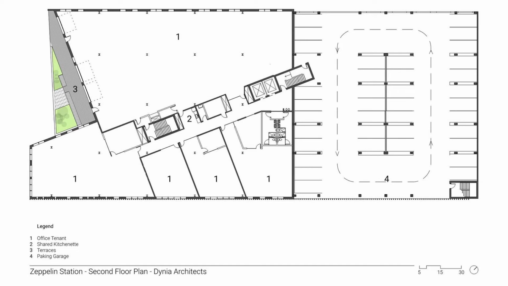The second level has large tenant spaces for an office. So number one, you can see that. There's a shared kitchenette. So there's offices for different tenants, kitchen, parking on the right. And notice how the facade at the bottom here, all of those vertical louvers, they're continuous from the building itself, the program.